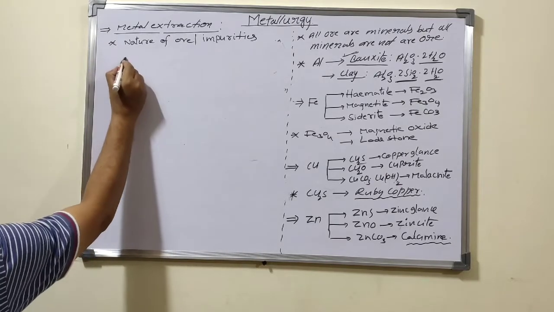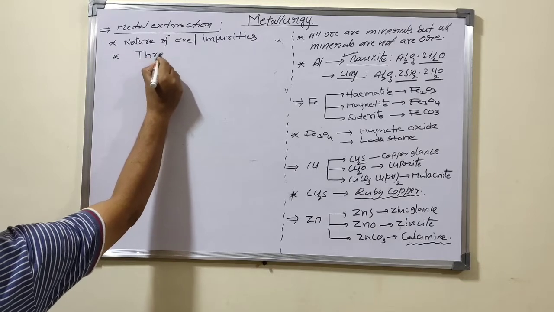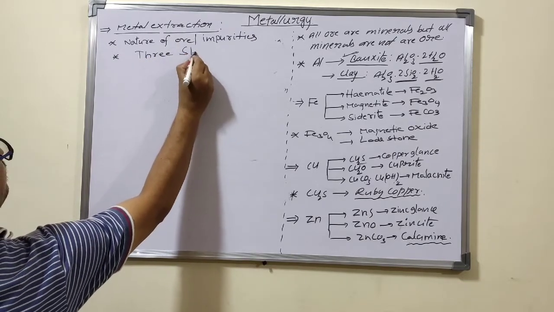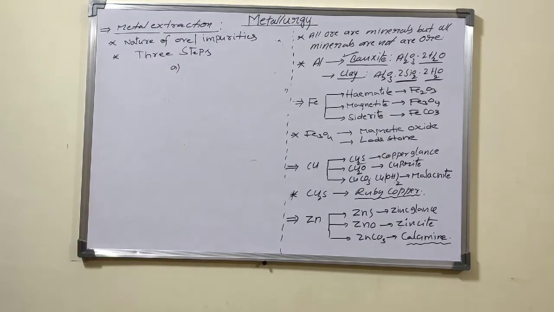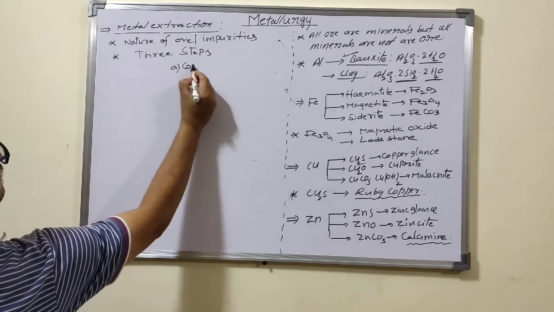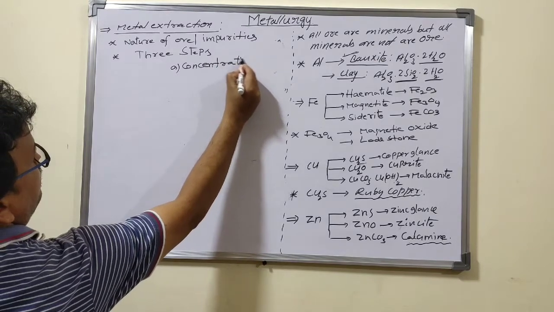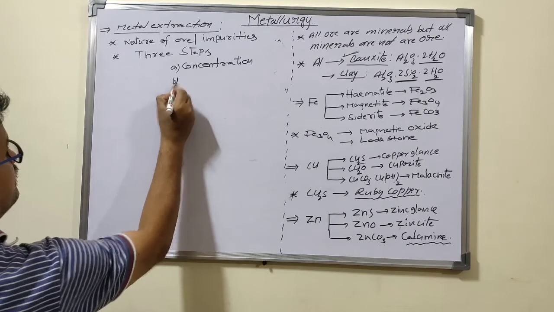So extraction of metals involves three steps. The first step is concentration, which we also call grinding.